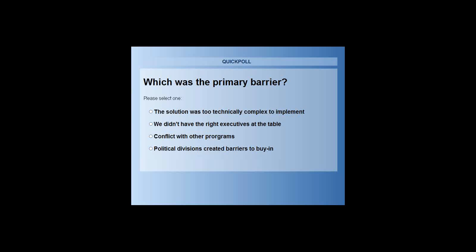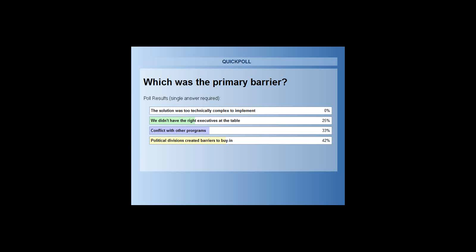Was it the decision makers not being in the room and not having the right team? Was it other programs that were perceived to be in conflict? Or was it other political divisions creating barriers?